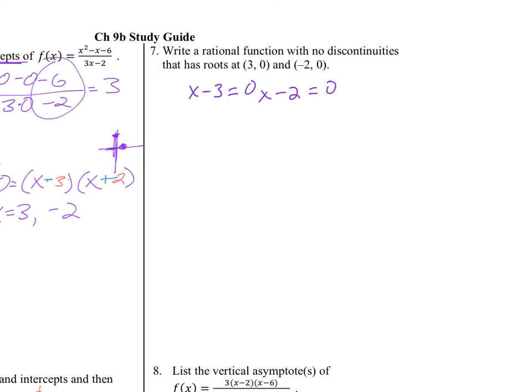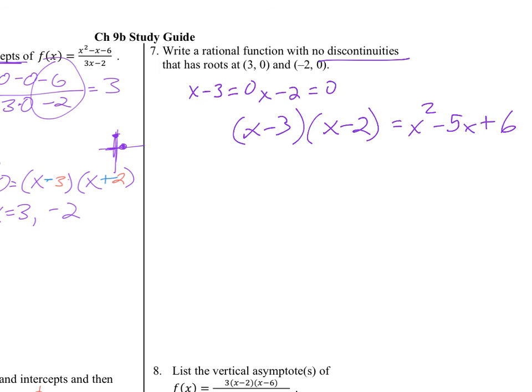Sorry, discontinuities. Oh, with no discontinuities, that has roots at 3 and negative 2. So these actually are my zeros. So my numerator is going to have to be this, which is going to give me x squared minus 5x plus 6. That's got to be my numerator.